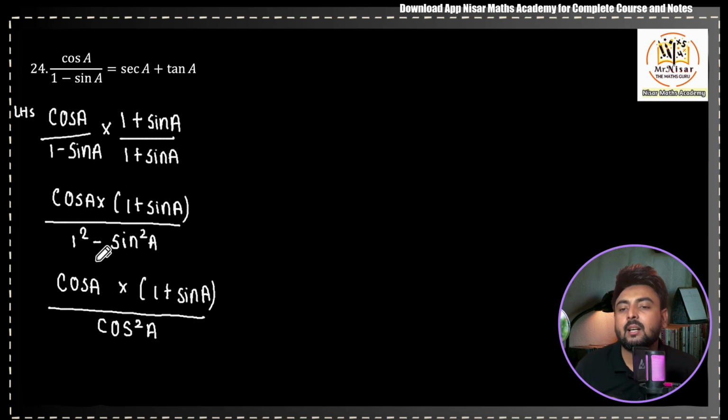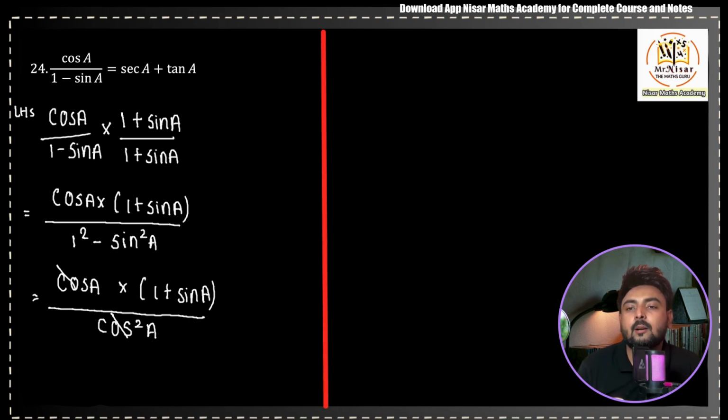Or we can write here A square minus B square, so A plus B, A minus B, again we'll get the same thing, we don't want that. So I'll cancel here cos, so what I'll get here, in the numerator I got, yeah, so I have 1 plus sine A, and in the denominator cos is remaining.